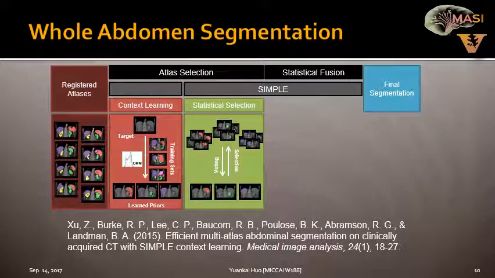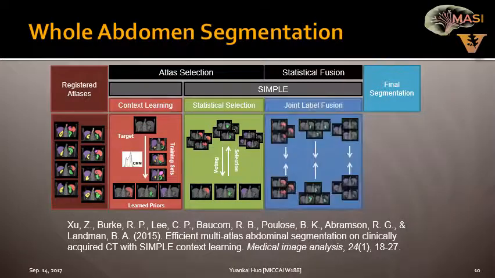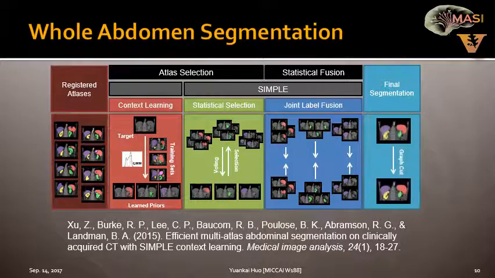Then we do the statistical selection, which is the selection and voting strategy to select the best atlases based on our prior. Finally, we do the joint label fusion to get the final segmentation, and we can even use the graph cut to refine the final segmentation results.